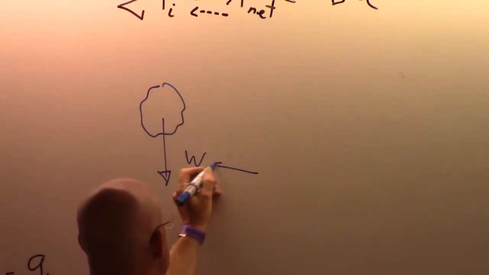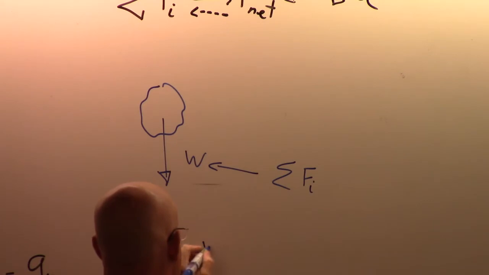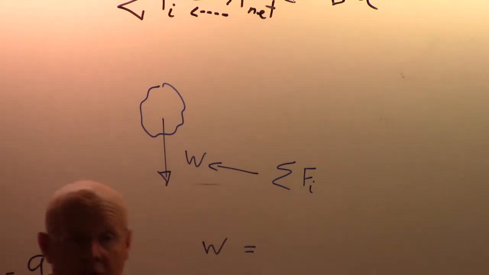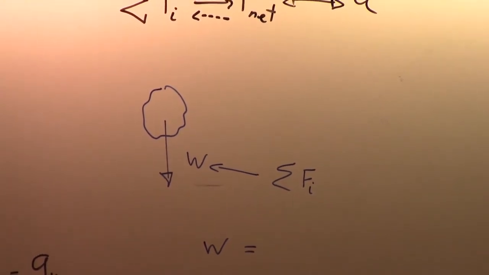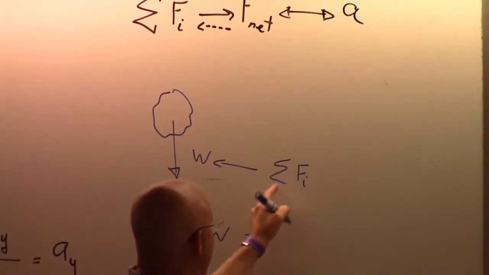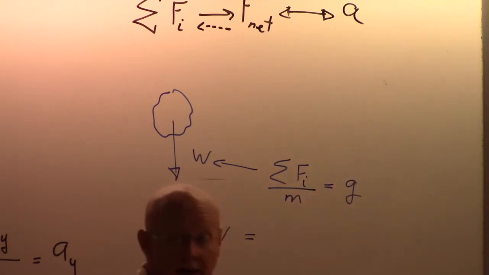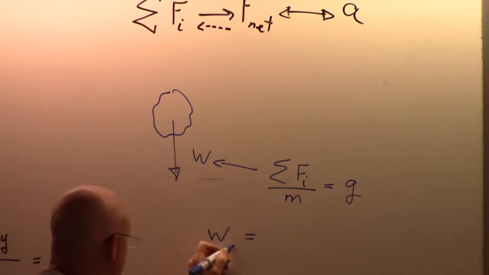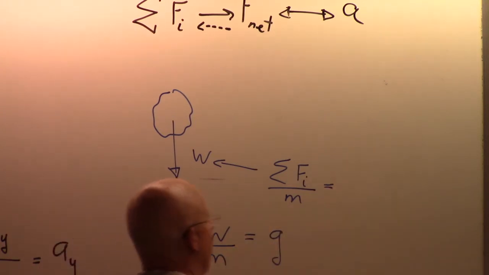So when I say add up all the forces, it's pretty easy to do. It's just the weight. And if I add up all the forces and divide it by its mass, I'm supposed to get its acceleration, right? So if I add up all the forces, which is its weight, if I divide by its mass, I get its acceleration.